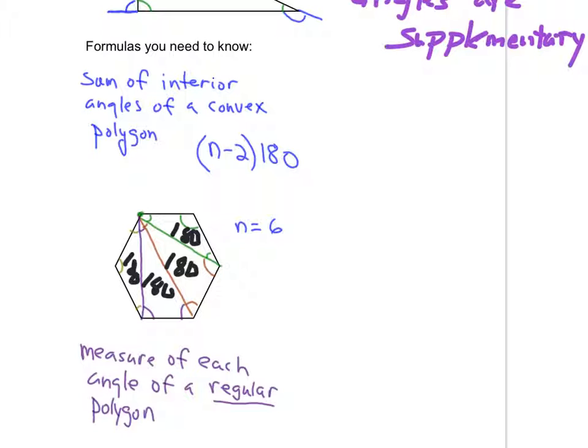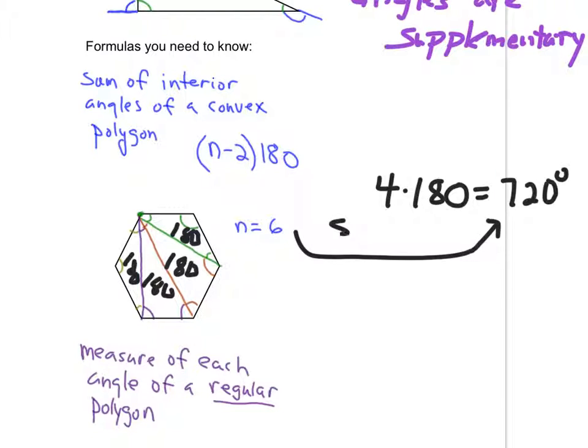So what I've discovered is that in a hexagon I could create 4 triangles that allow me to see what the sum of the interior angles equals. It's 4 times 180, which equals 720 degrees. That's the sum of the interior angles of a hexagon.